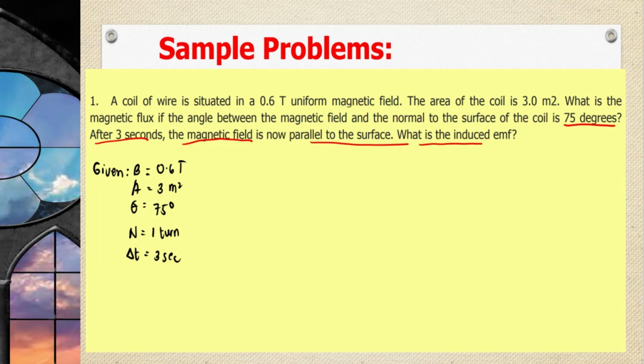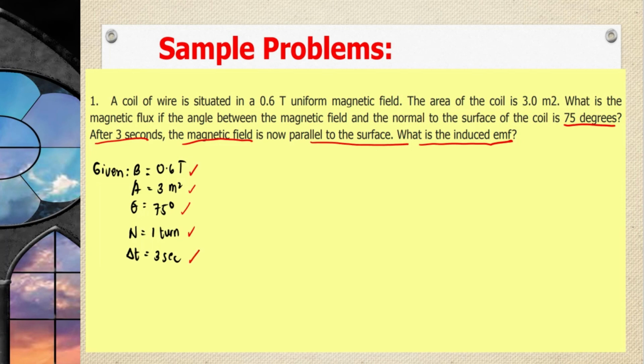Calculate the induced EMF. For this problem, we have the magnetic field, which is 0.6 Tesla, the area, which is 3 meters squared, the angle, which is 75 degrees, the number of turns, which is 1 turn only, and the change in time, which is 3 seconds.